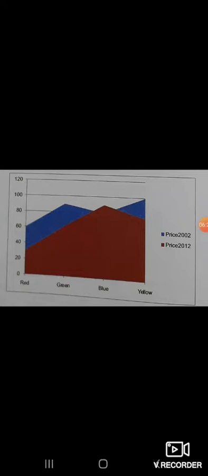Similarly, here also data is pointed through points and a line is drawn matching each point, but the area below the line is colored with different colors to represent different data, and so it covers the area and is known as an area chart.